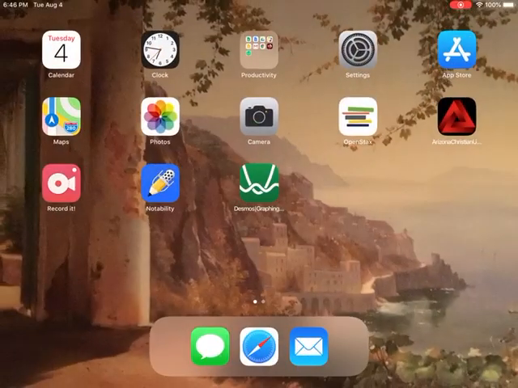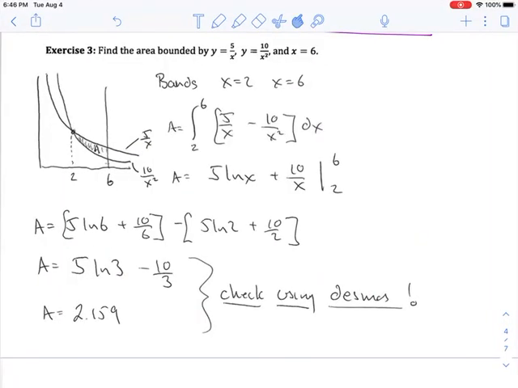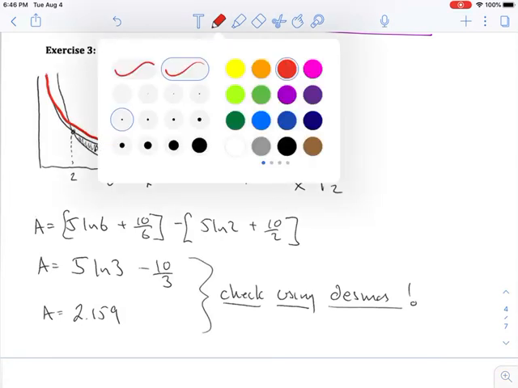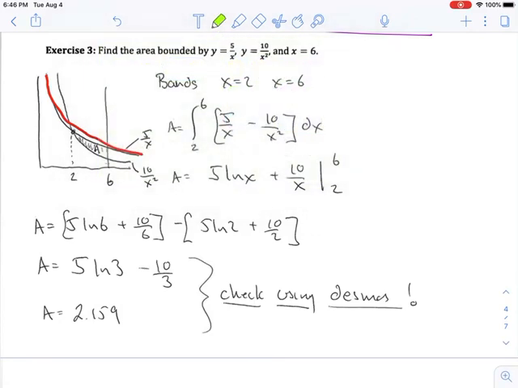So back to my little drawing. That's exactly what I have here. 5 over x is the function that's going to be on top, and then 10 over x squared is the function that is on the bottom in this region.